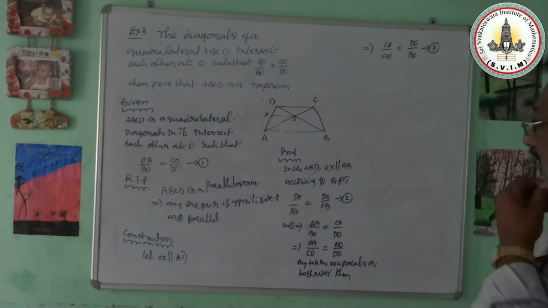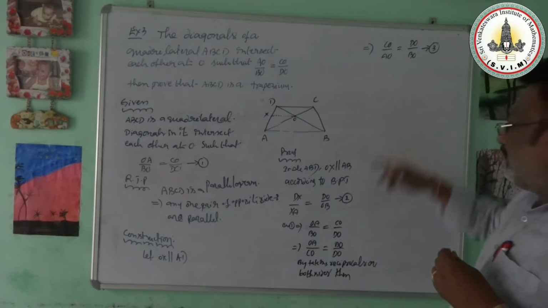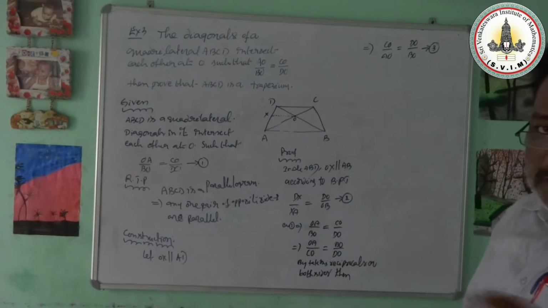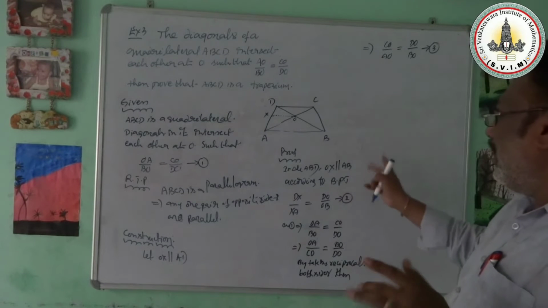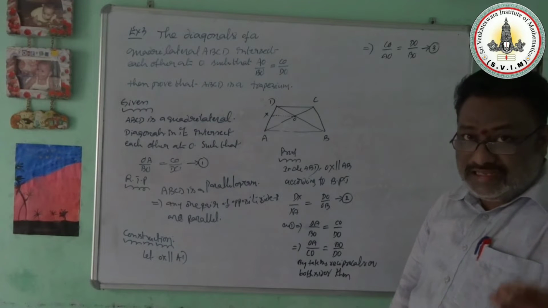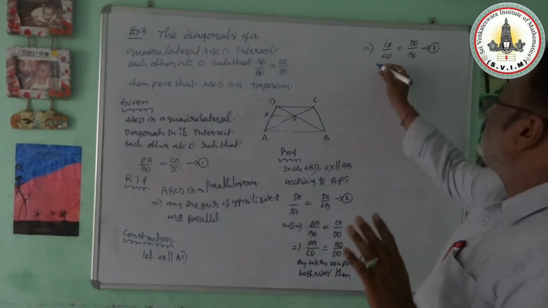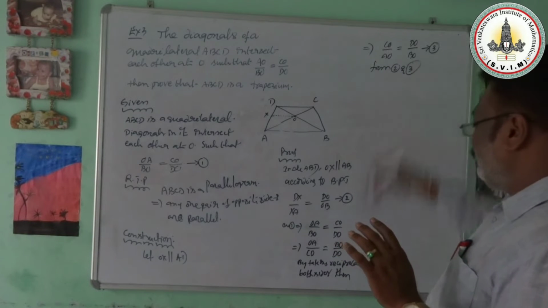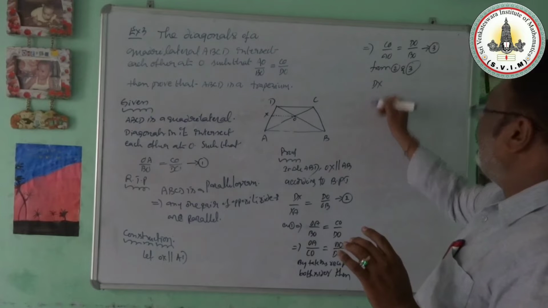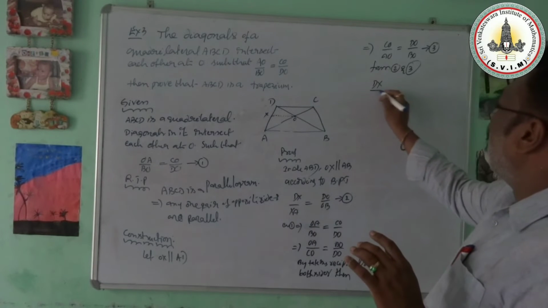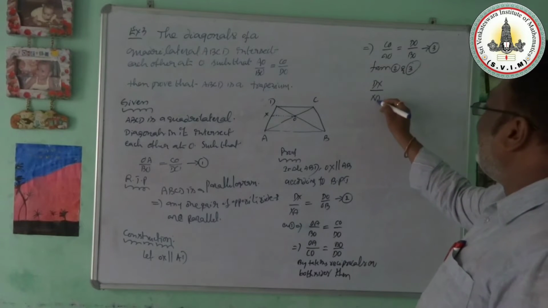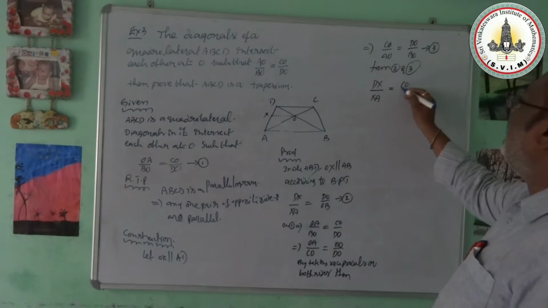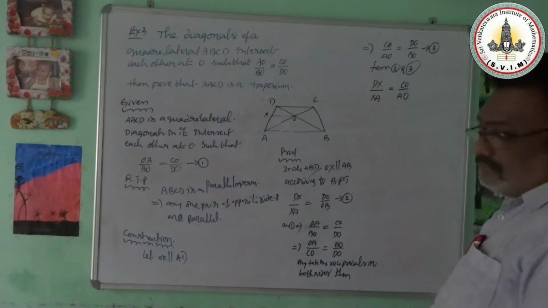Now we need to observe equations 2 and 3. In these two equations, their respective RHSs are equal. When in two equations their respective RHSs are equal, automatically their respective LHSs are also equal. So from 2 and 3, the left hand side part of this equation, that is DX by XA, is equal to the left hand side part of this equation, that is CO by AO.